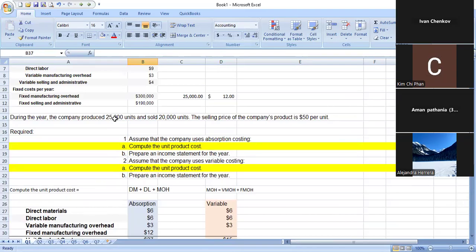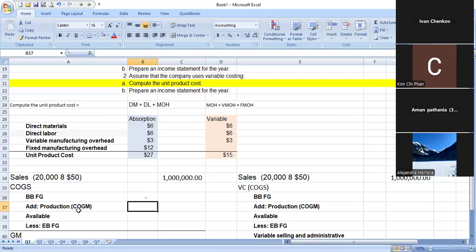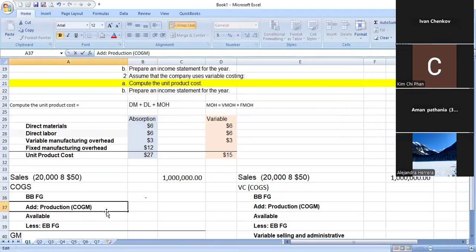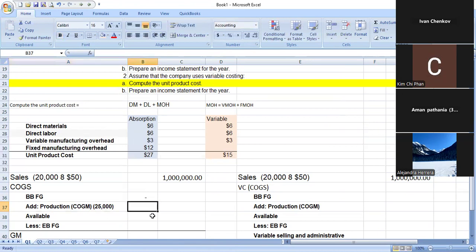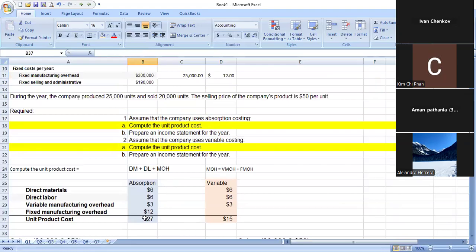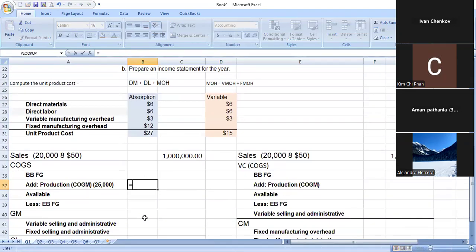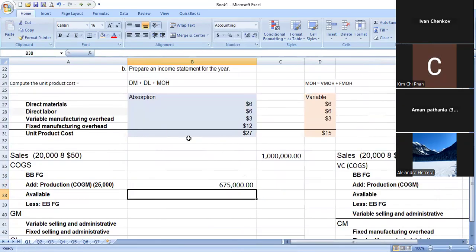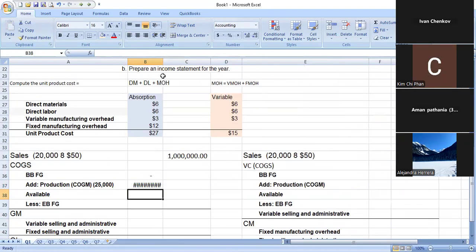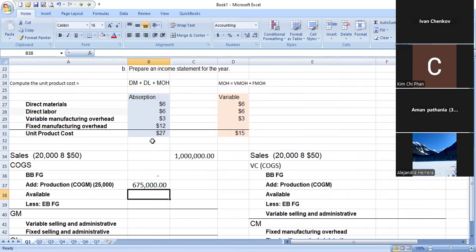We produce 25,000, correct? Yes. What's my production price? $27, correct? Yes. 25,000 times this $27, and we're going to get my production. Too big, like something like this.